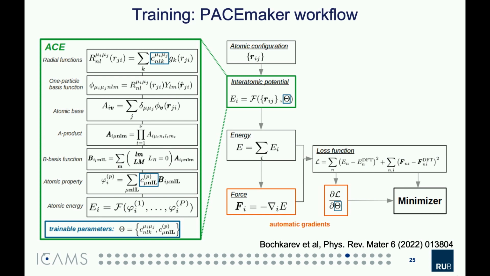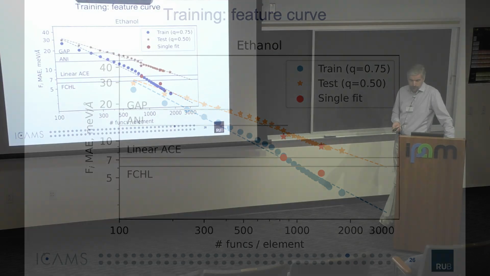This is a nonlinear optimization problem that we have implemented in TensorFlow in a code called Pacemaker that is available on GitHub if you're interested in playing with that. Typically we have a few hundred or a few thousand optimization parameters, and the optimization takes, let's say, 1 or 2 days depending on the GPUs that you have available. We have sped that up recently a little bit so that we get down to hours.